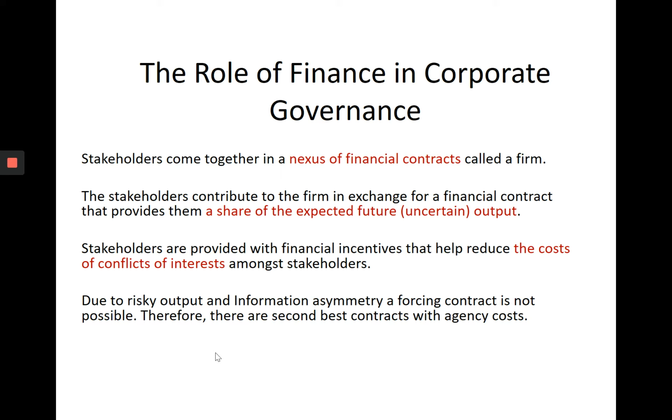But when there is asymmetric information, we can't observe everything that the manager does as, let's say, a small stakeholder or shareholder.